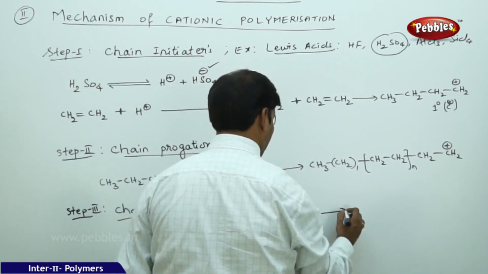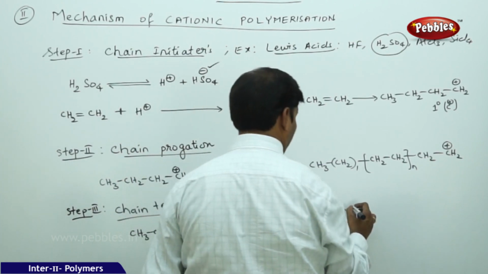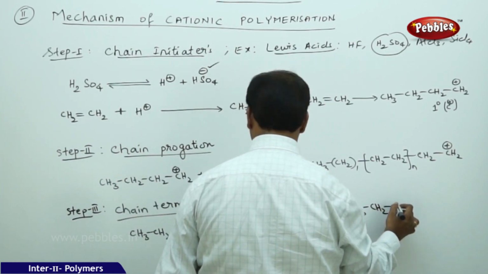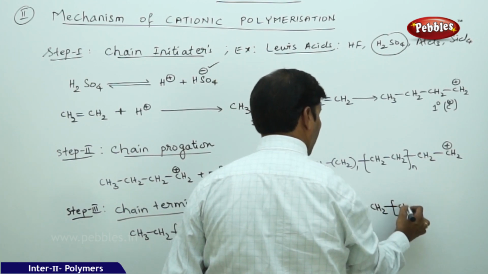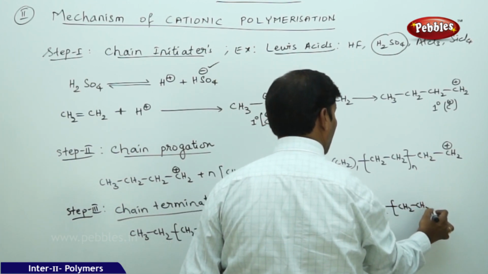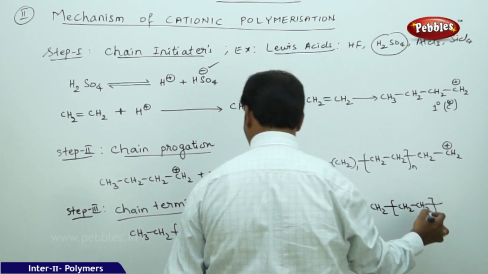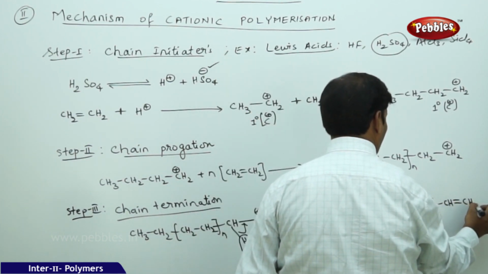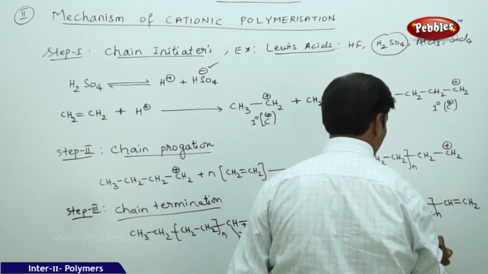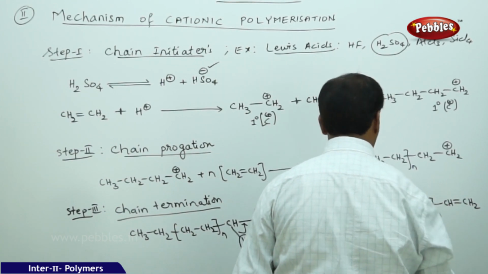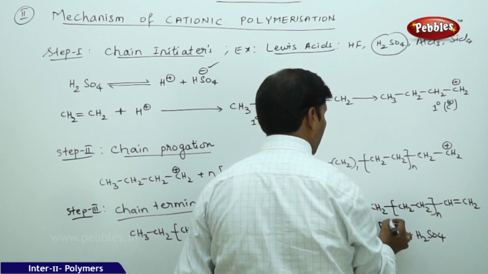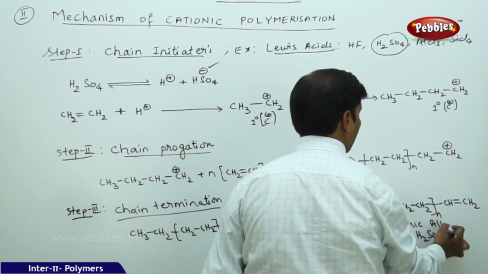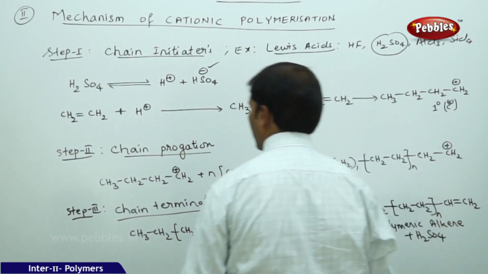So you are going to get the final terminated product, CH3 single bond CH2, again CH2 single bond CH2 polymeric n times of CH double bond CH2 plus H2SO4. So we got a polymeric alkene, that is polyethene.